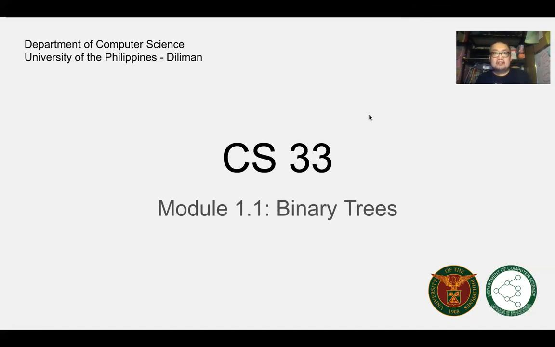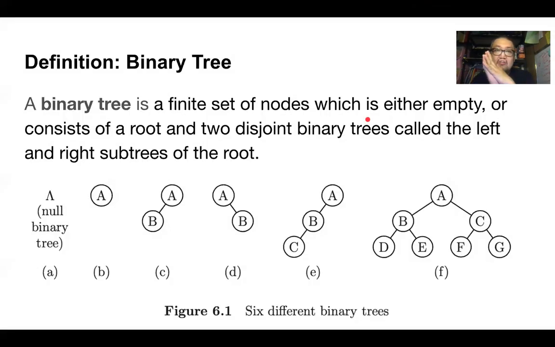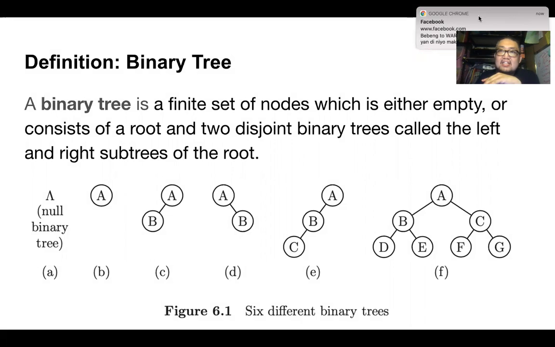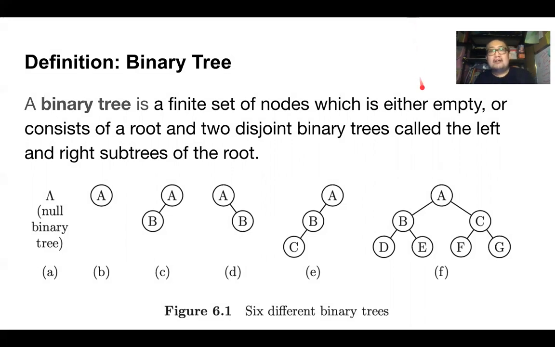Okay, so moving along, a binary tree is a finite set of nodes which is either empty, or it consists of a root and two other disjoint binary trees, the left and the right subtree of the root.